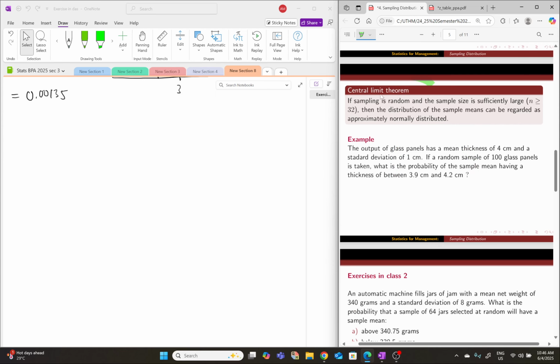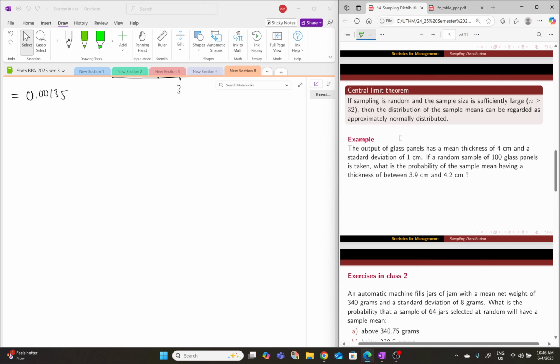Okay, the theorem tells us, if sampling is random and sample size is sufficiently large. Sufficiently large means the sample is more than 32 or 30 lah. Sometimes dia biasanya 32 or 30.